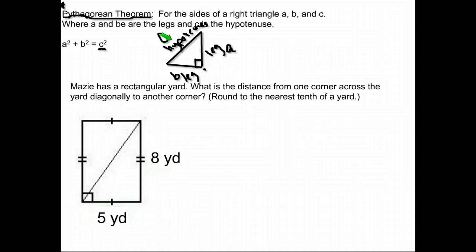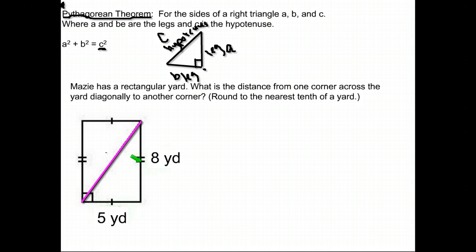But we're going to try it out here with our example right down here. It said Maisie has a rectangular yard. What is the distance from one corner across the yard diagonally to the other? Okay, so we want the distance here, starting here, going diagonally across to the other side. Okay. Notice what shape we end up with.